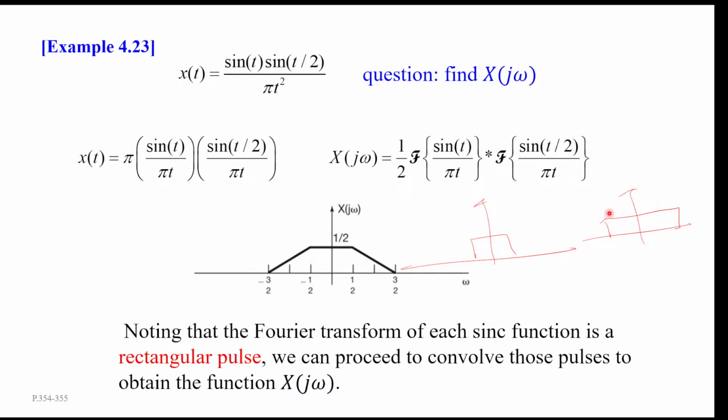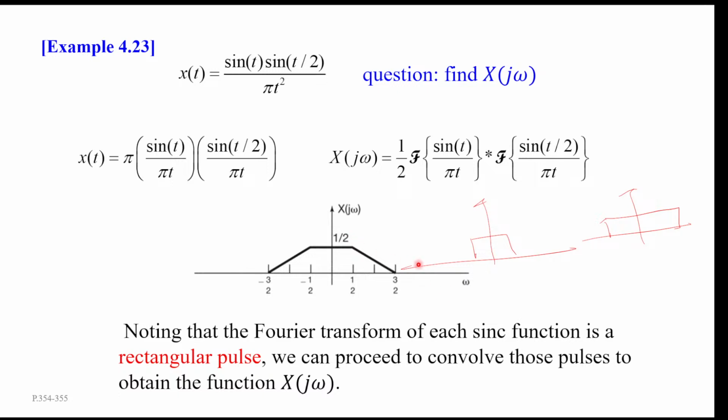Then you will have full overlap, and you get this constant region, and then partial overlap again, so you get this slope here. So you convolve this with this, and you get this plateau and slope shape.